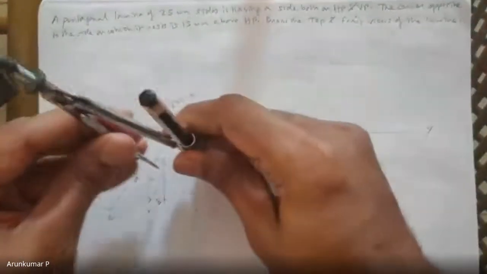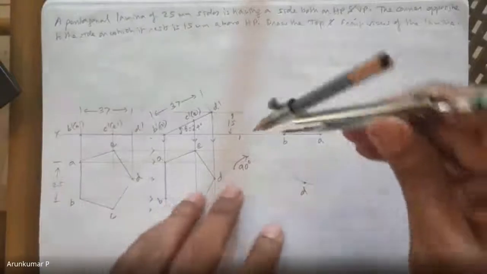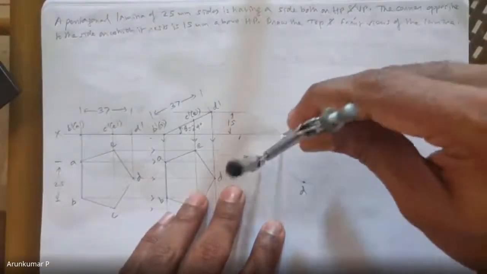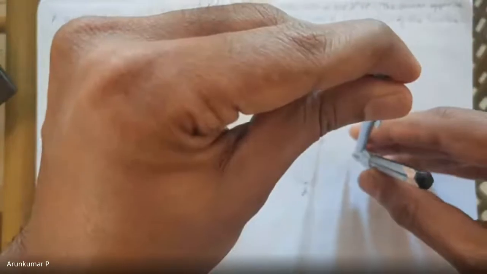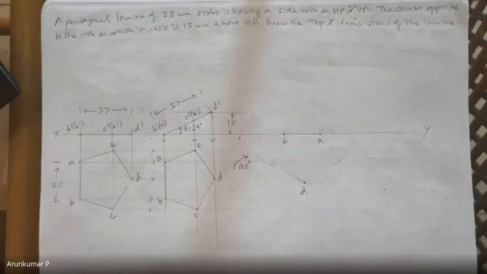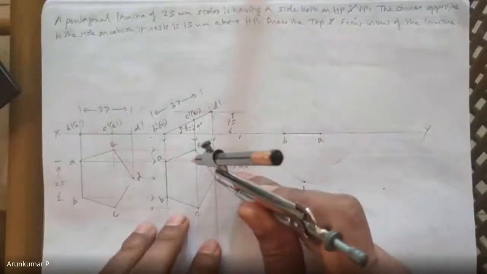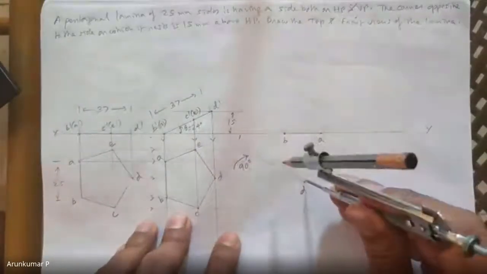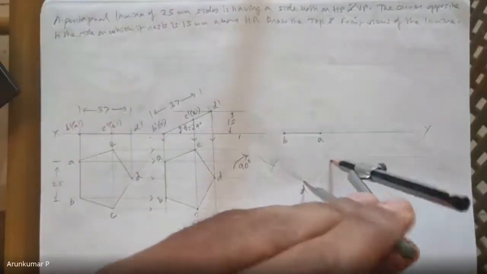I'll do that. B to E. Where is B? B to E. A to E. Then from D to E, I can measure the remaining distance. And cut these arcs. Here and here.